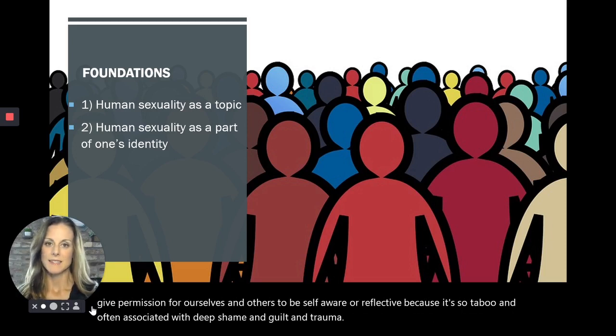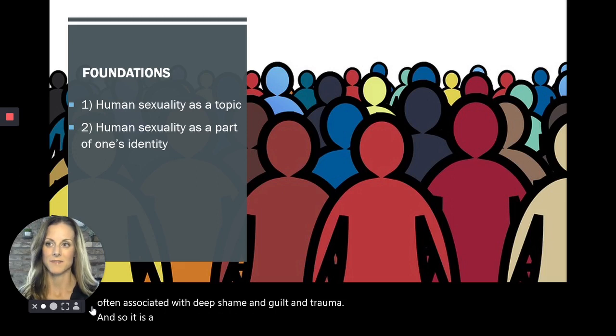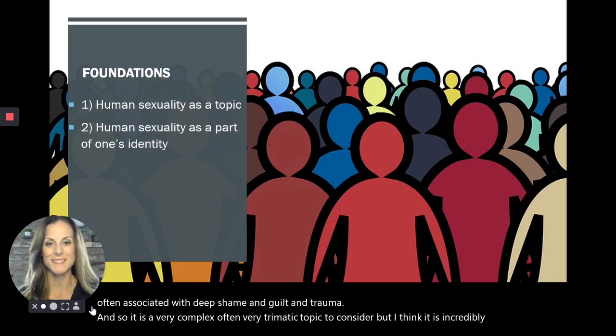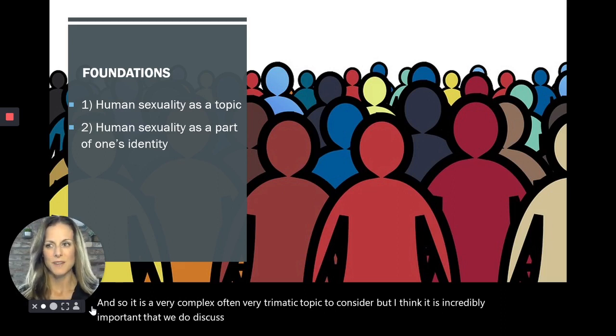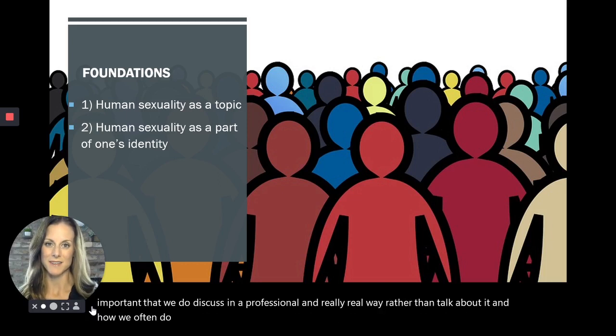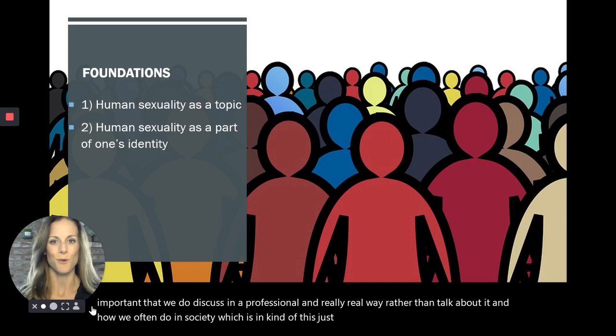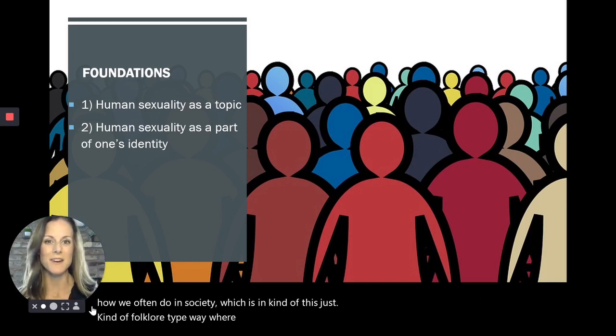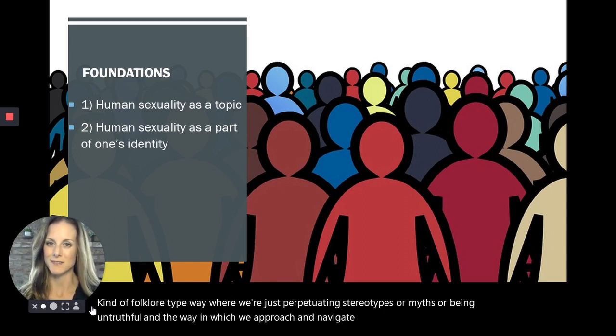So it is a very complex, often very traumatic topic to consider, but I think it is incredibly important that we discuss it in a professional and really real way rather than how we often do in society, which is in a kind of folklore type way, where we're just perpetuating stereotypes or myths or being untruthful in the way in which we approach, navigate and experience human sexuality.